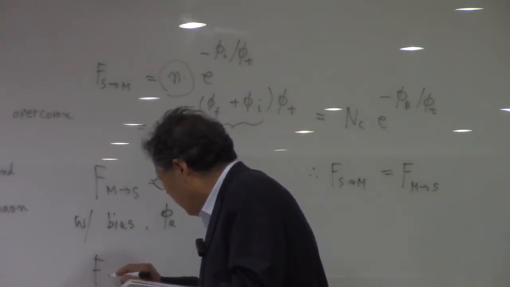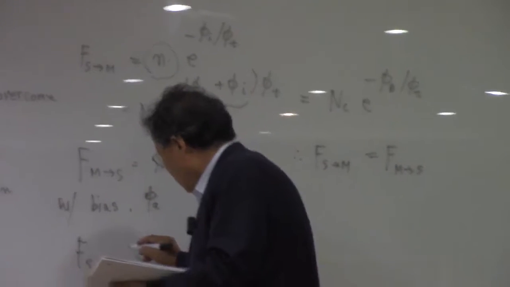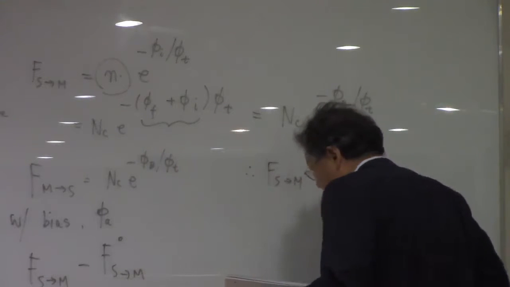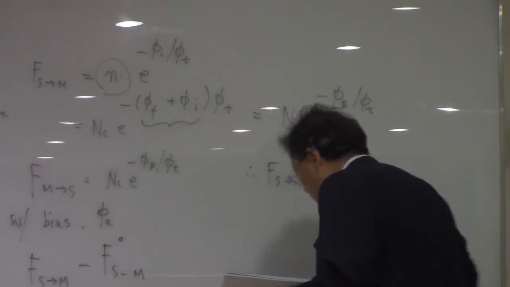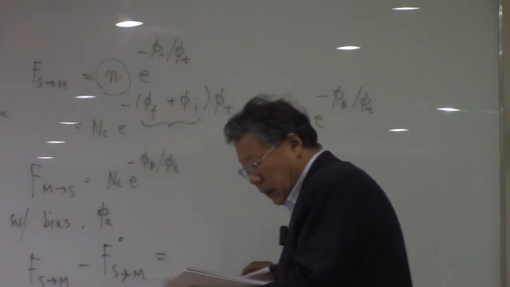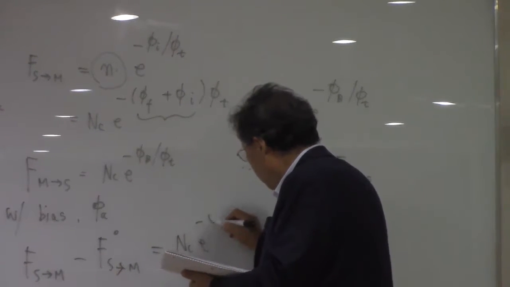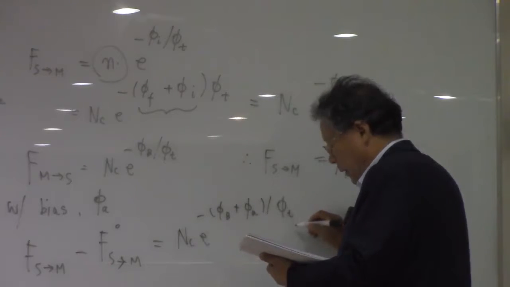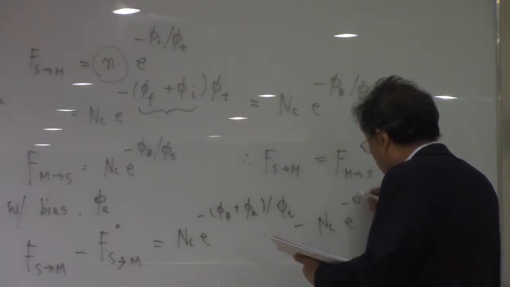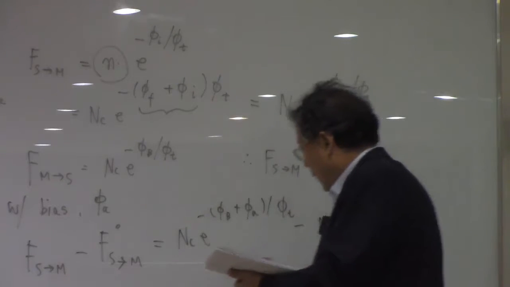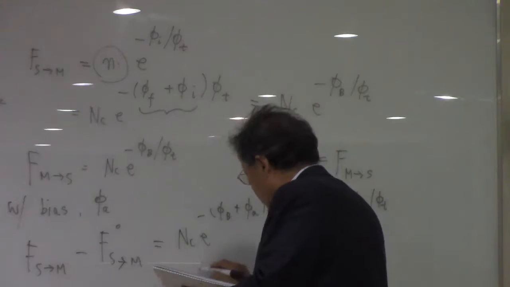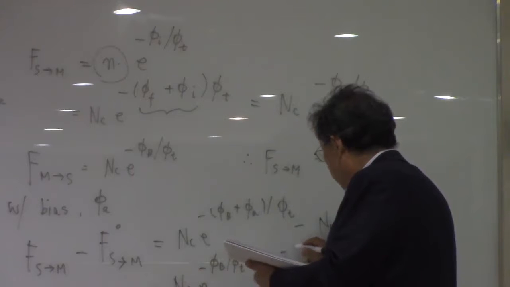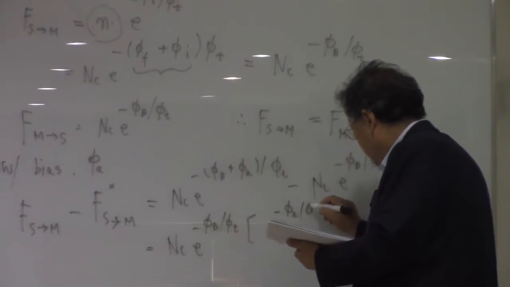Then the flux from semiconductor to metal now, subtracting the semiconductor to metal flux at equilibrium, is going to be Nc e to the minus (phi B plus phi A) over phi T, minus Nc e to the minus phi B over phi T, and that is going to be Nc e to the minus phi B over phi T times (e to the minus phi A over phi T minus 1).